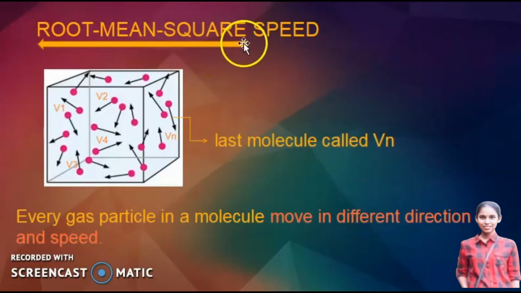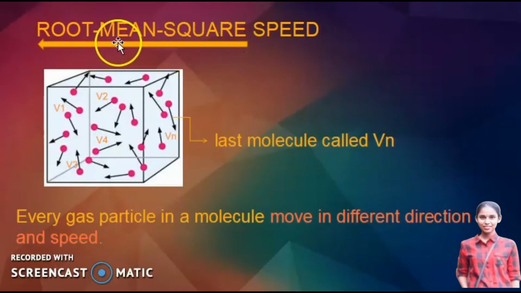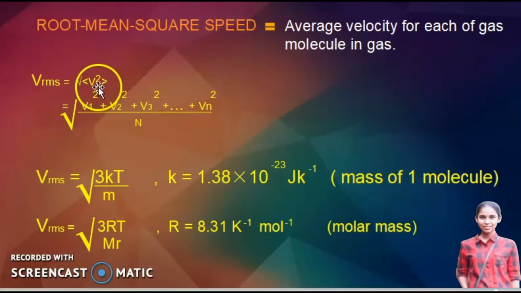Since I put an arrow here, this indicates the way to find the root mean square speed. First of all, what should we do? Since the arrow is going this side, first we must square. Later, mean. Then the last part is square root it. So this is known as root mean square speed.